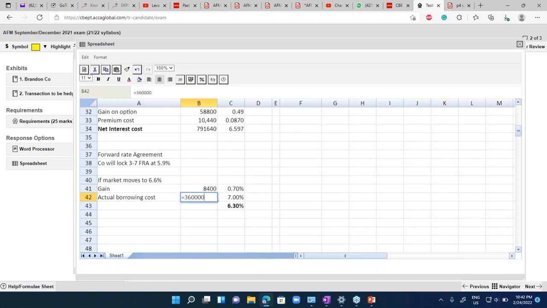So the effective gain will be 84,000. 36 million is the notional amount. So that's how you will solve the forward rate agreement.